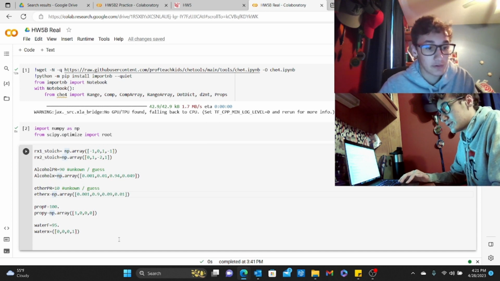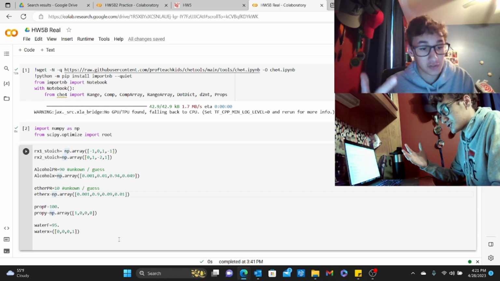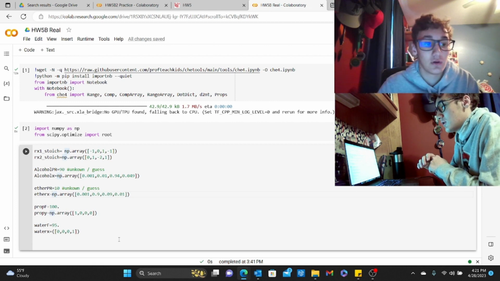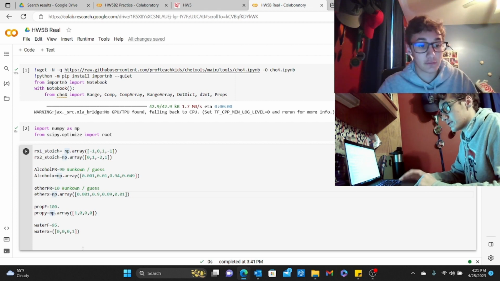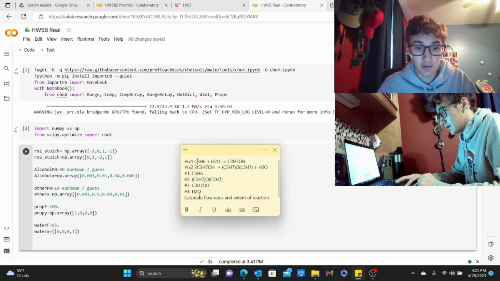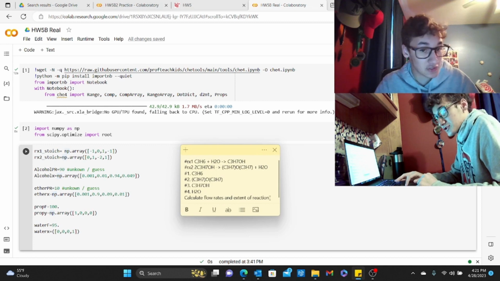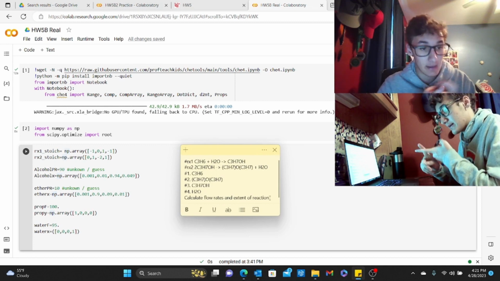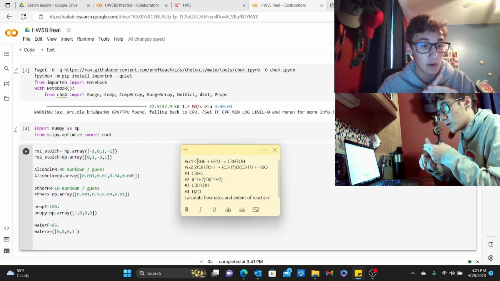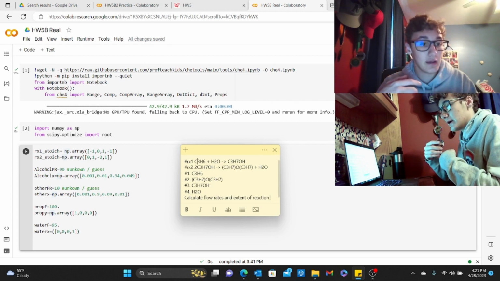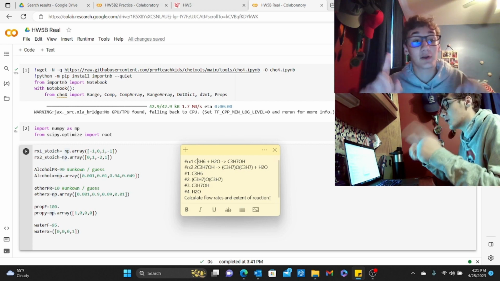So now we are going to create a function that's going to be a vector. It's going to solve for 4 things. It's going to solve for the flow rates and the extent of reaction. And we're going to be using the stoichiometry along with the water and alcohol rates and combine and add those and hopefully get to 0. Or no, we're not going to hopefully get to 0.